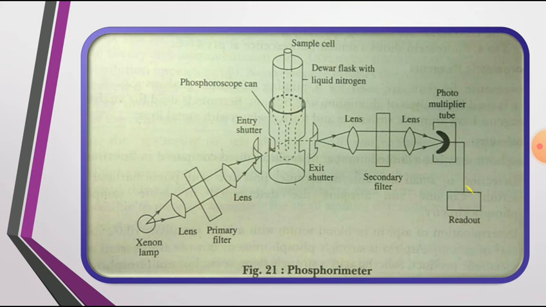So this is the block diagram of the phosphorimeter.